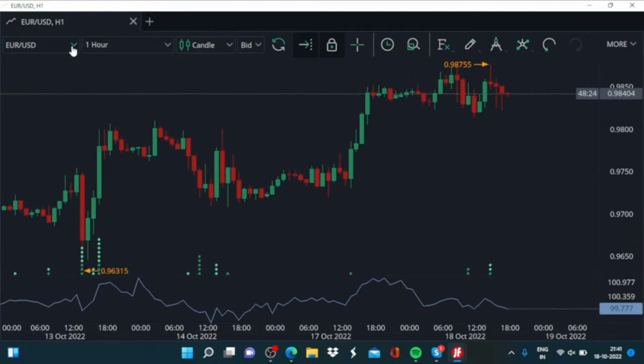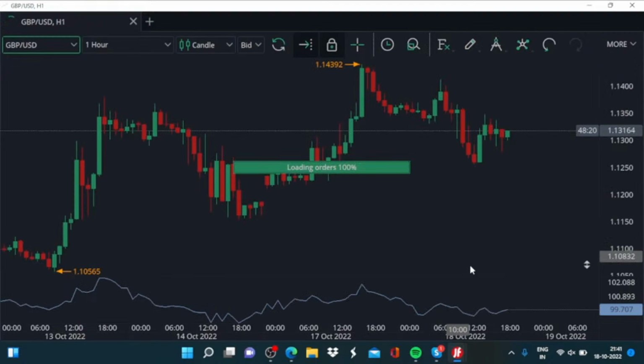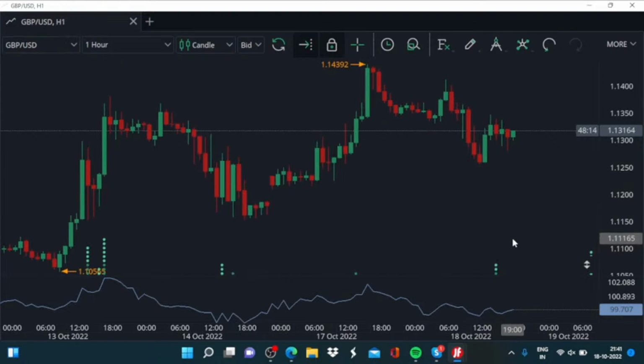Suppose you simply want to know if the bullish momentum is stronger in the GBP USD or Euro USD, and if the momentum is on the same side for both the instruments, then you can compare the output values. Here we have the ROCR 100 on the rise, and we have the current output at 99.70.